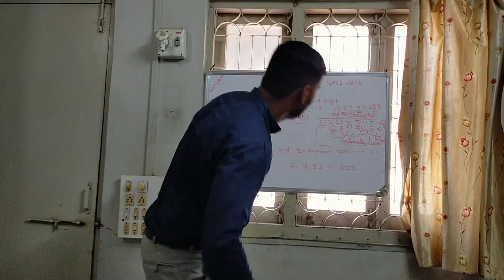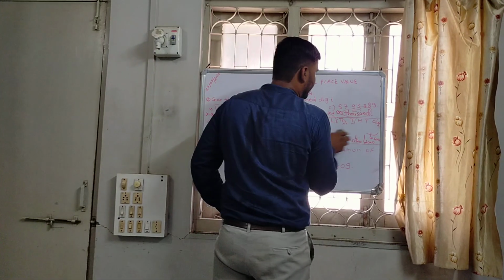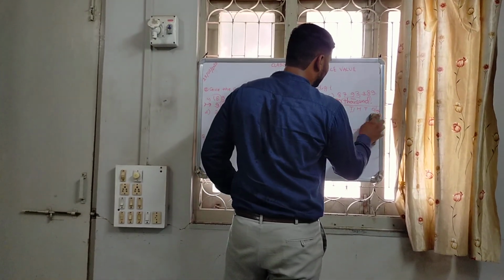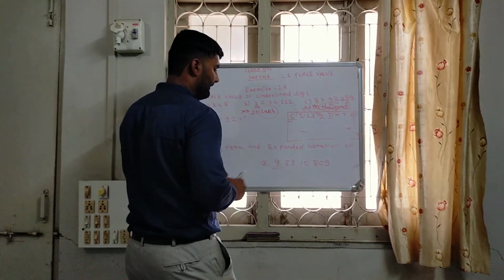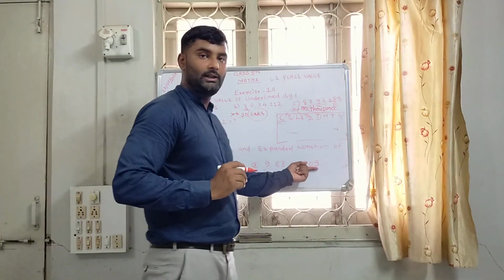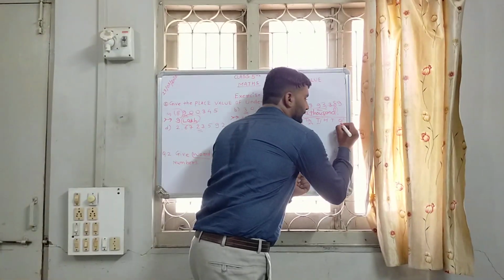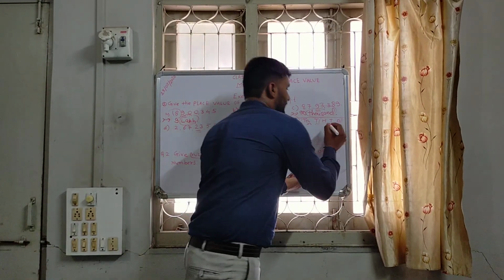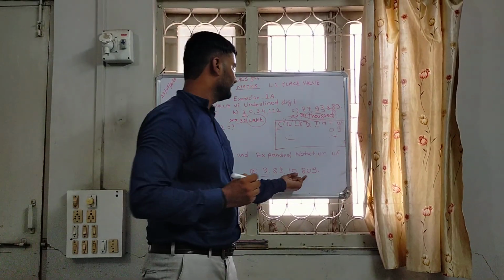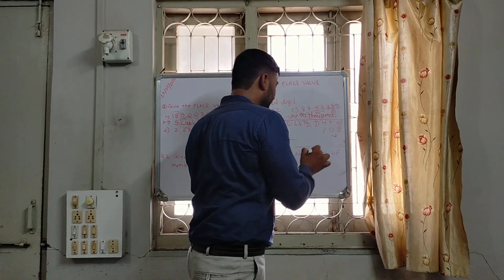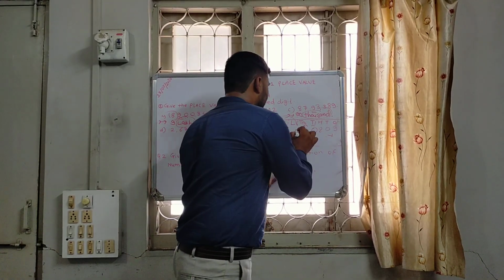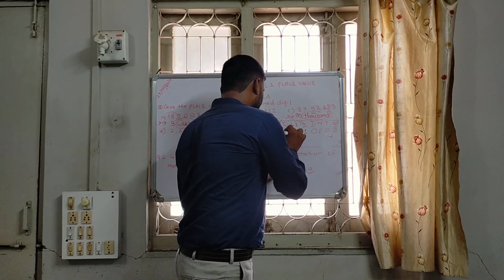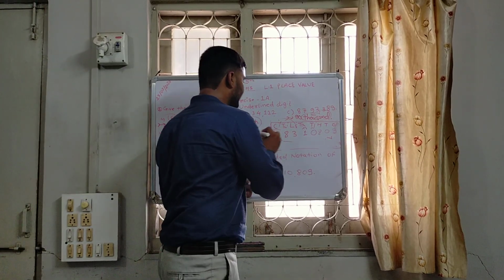Okay, we are going to write the values as given here. Unit value or ones value is 9, so I write here 9. 0 tens are there, 8 hundreds are there, 0 thousand are there, 1 10,000 is there, 3 lakh is there, 8 10 lakh is there, and 9 crore is there.